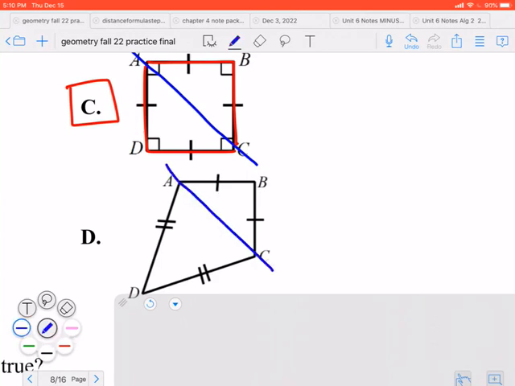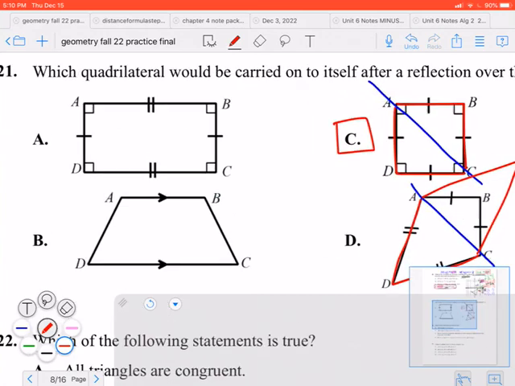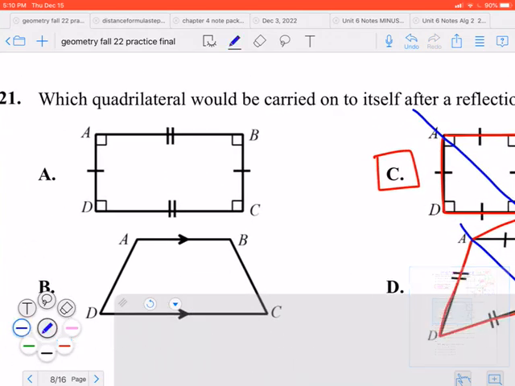So look at AC. If I took this side and made that reflection, well, I did kind of a bad job there. That side, there we go. So it's not sitting on top of itself. Or if I did this side, it would be like that, not sitting on top of itself. And all of these are doing that. So here's diagonal AC.